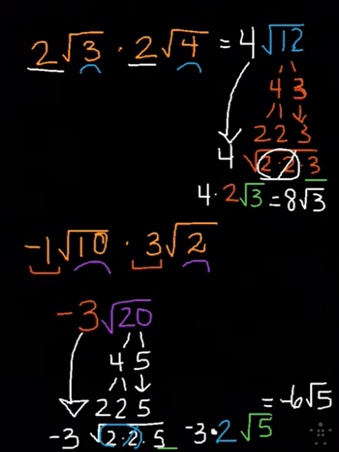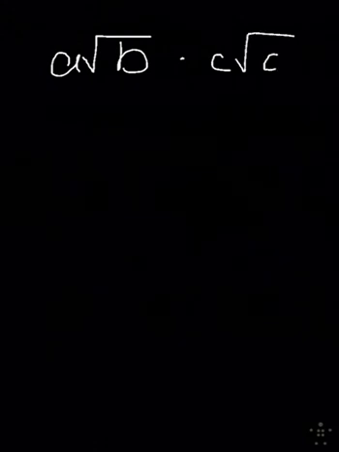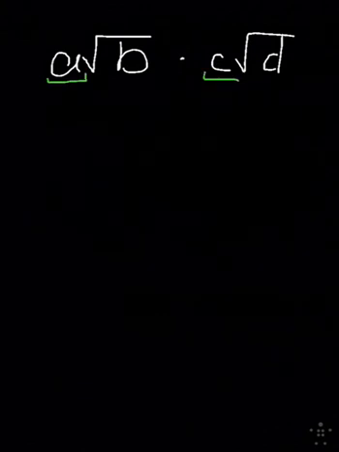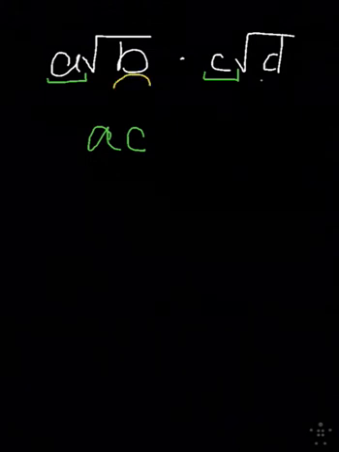So the biggest takeaway when you're doing multiplication of radicals in general: we're going to multiply the coefficients outside of the radical. So that'd be A times C. Then we're going to multiply the numbers inside of the radical.